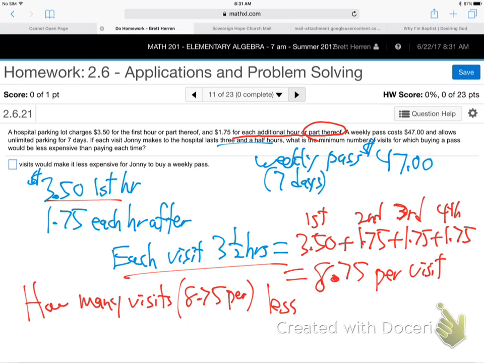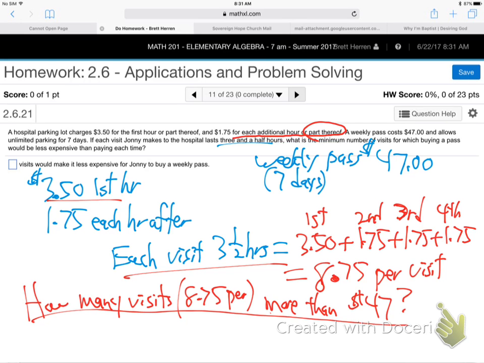Well, more, because you want the weekly pass to be less. So how many would be more? More than $47. That's what they're really asking, right? They're saying how many of those would it take before Johnny would be better off just buying the pass? That's what they're really saying.